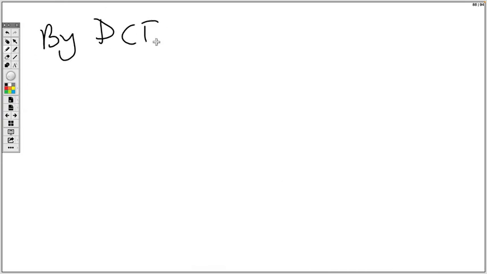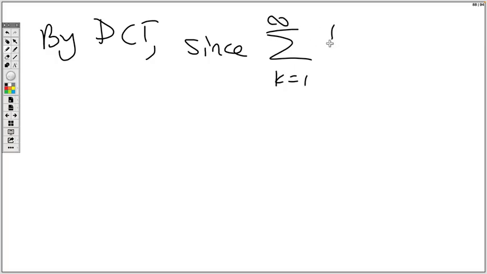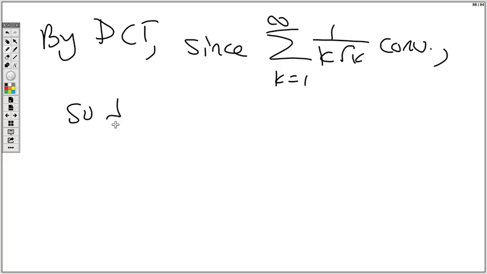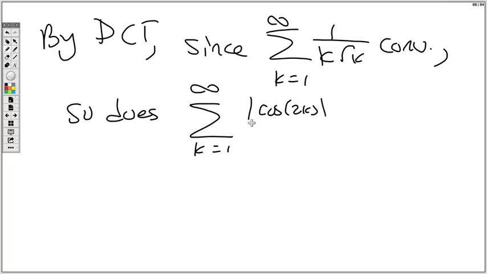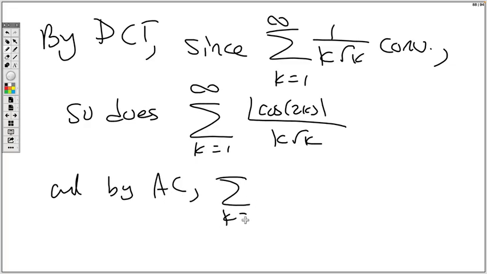So by the DCT, since the series that it's bounded by converges, so does the series k goes from 1 to infinity of the absolute value, and by absolute convergence my original series converges. See how the logic fits?